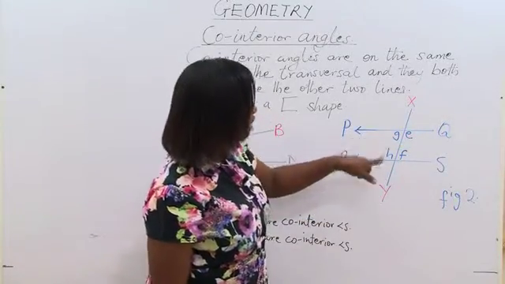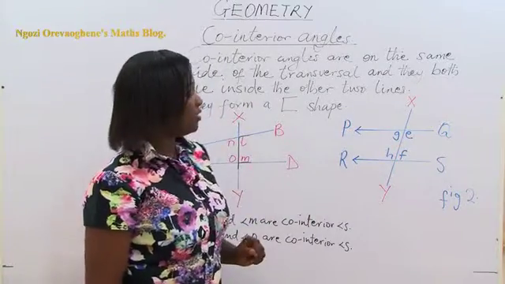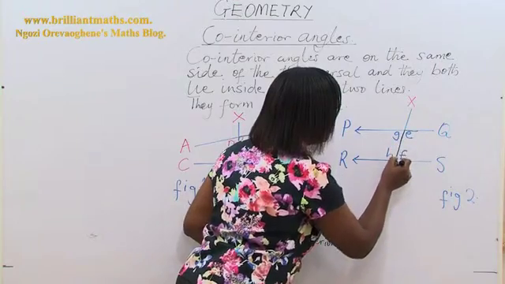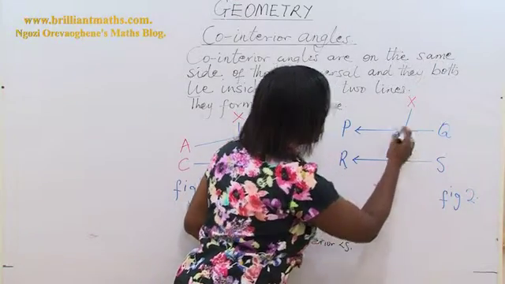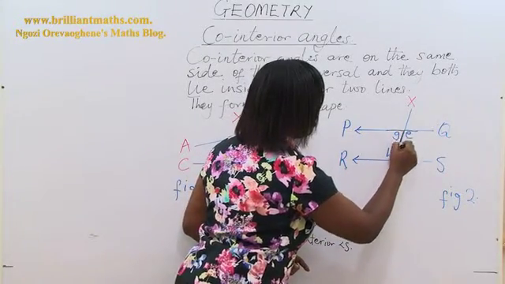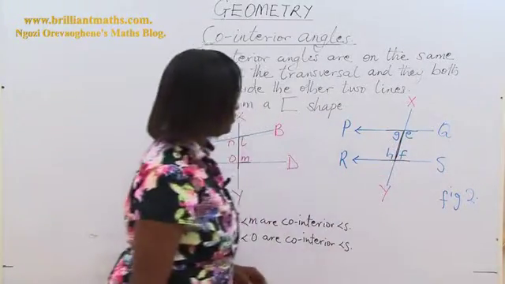Also, angle G and angle H are co-interior angles. We said that co-interior angles form a C kind of shape. Gives you a C formation.